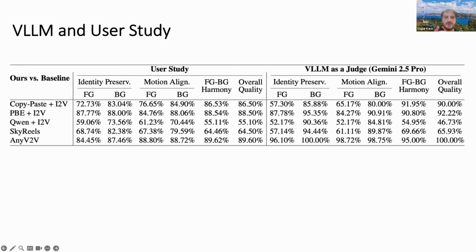When comparing ours versus baselines, the numbers represent the win rate of our model. And against all these metrics, users and the VLLM model preferred our model. So this demonstrates that both humans and AI models perceive our results as more realistic and harmonious.